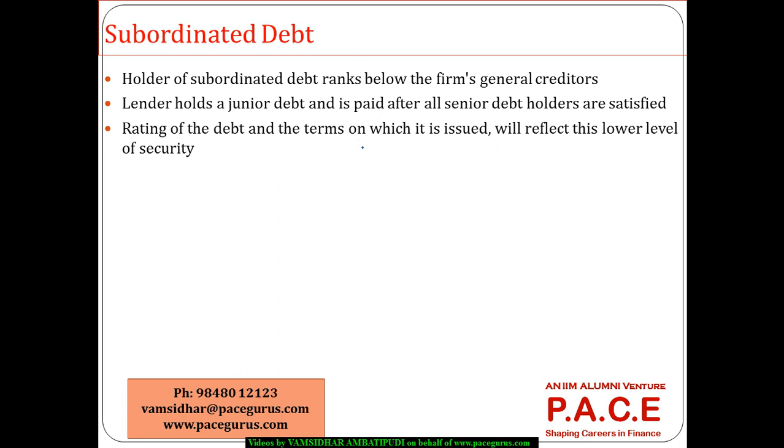Then even more subordinated means even below the unsecured, right? This is an even riskier kind of debt. So if you look at the order, one, there is secured, then we are talking of unsecured, and much below it we use a word called subordinated, or sometimes we call it junior.